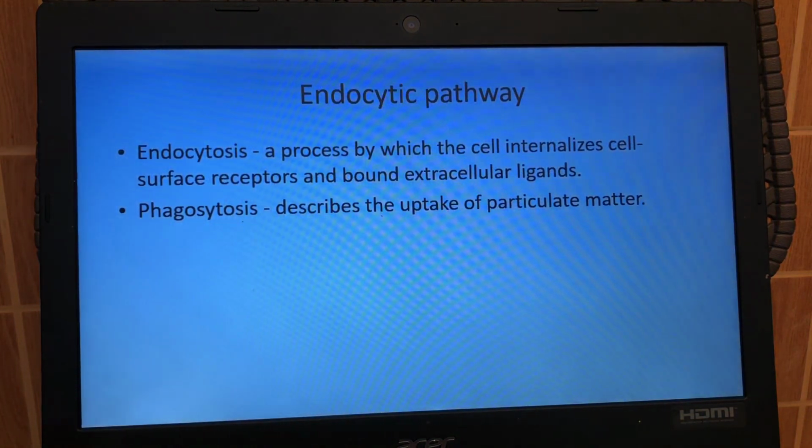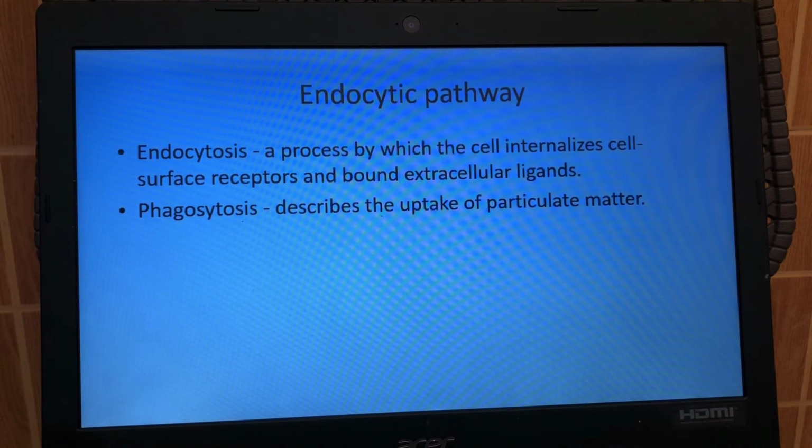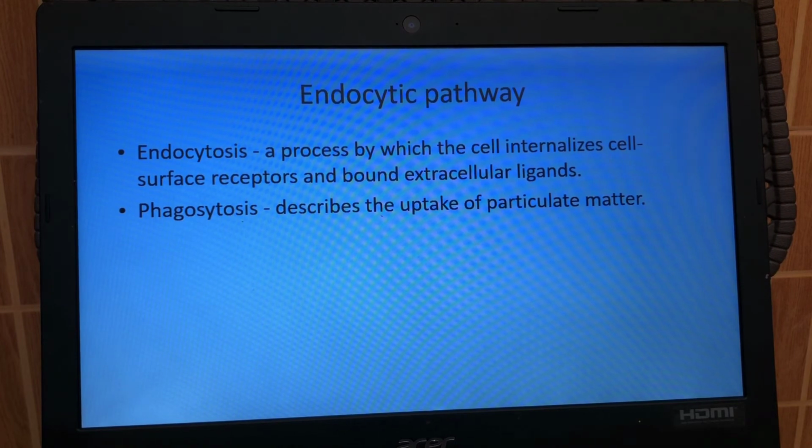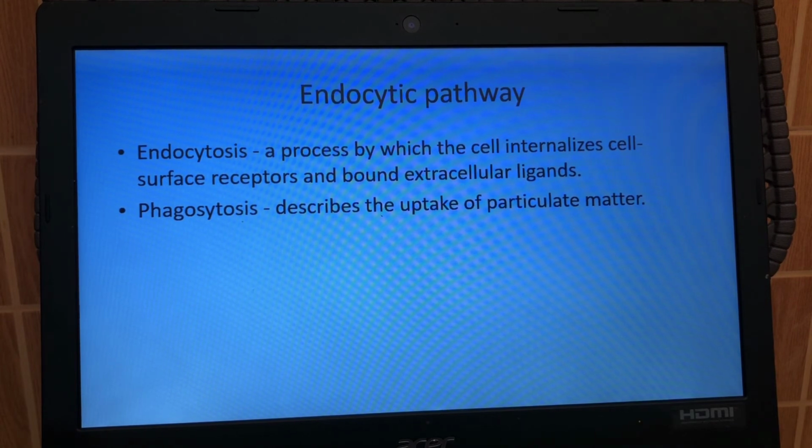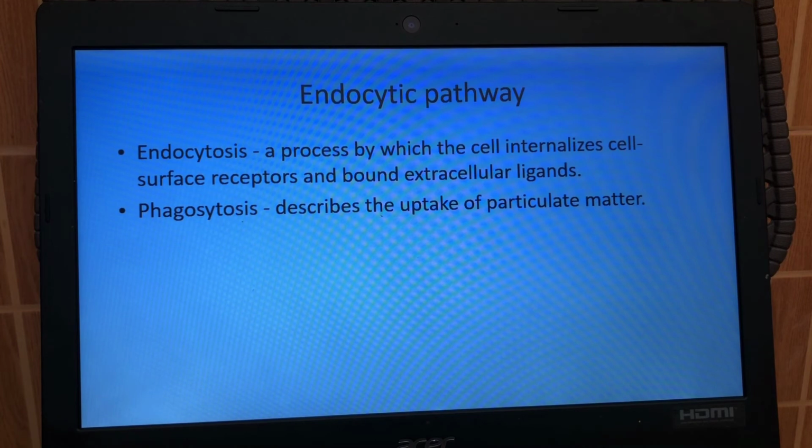So, the endocytic pathway: endocytosis and phagocytosis. Endocytosis can be divided broadly into two categories: bulk-phase endocytosis and receptor-mediated endocytosis. Bulk-phase endocytosis, also known as pinocytosis, is the non-specific uptake of extracellular fluids.